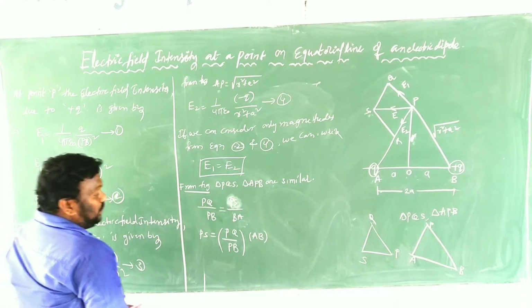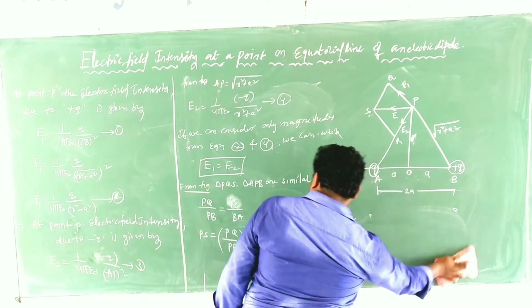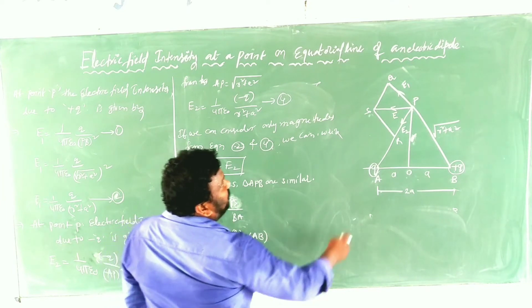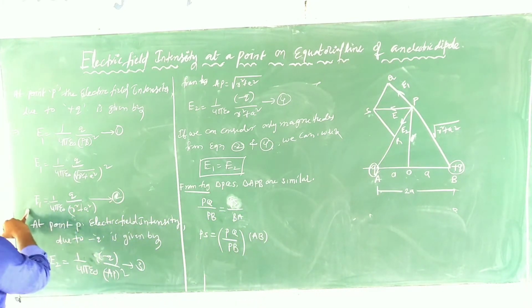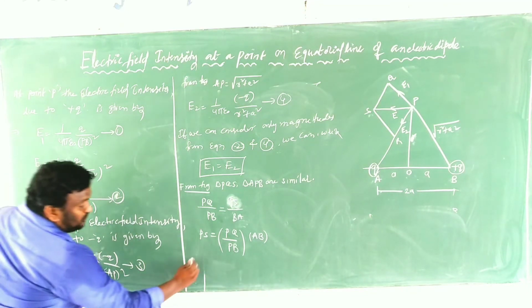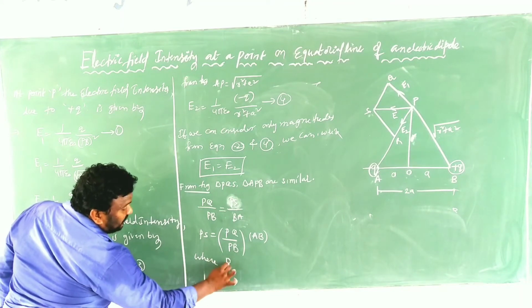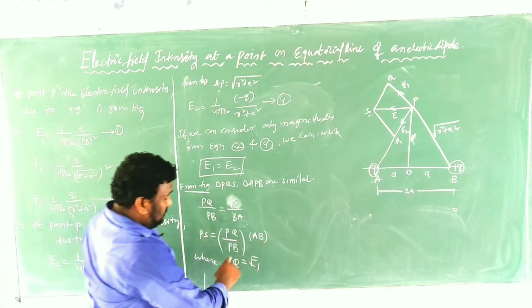Okay children, now you have to substitute all the values. What is PQ? PQ is E1. And what is PB?